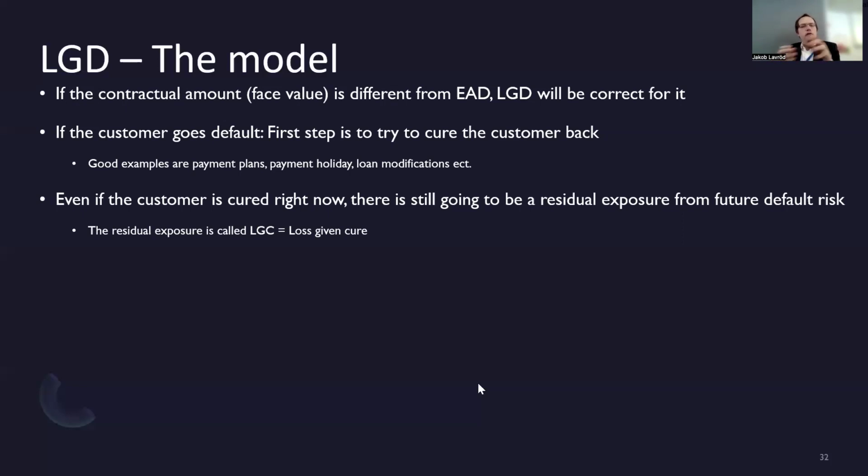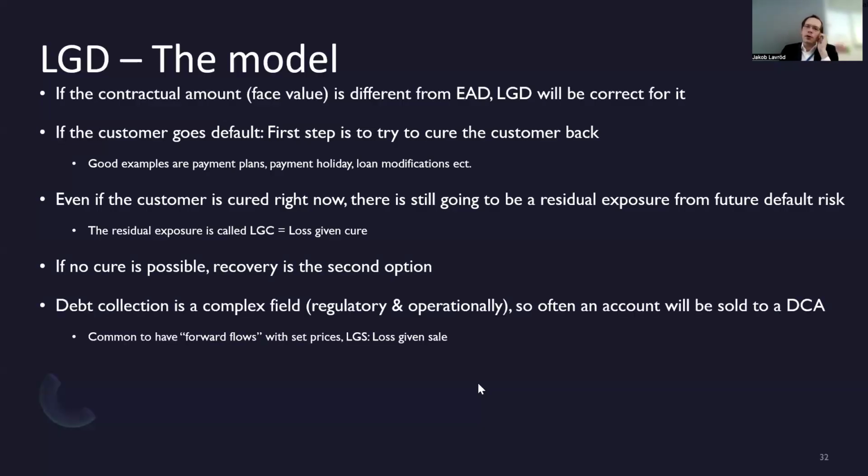This is a customer that might default again, so we often call that number loss given cure. So you still need to basically take again in the future the sort of multiple default effect. This is where that comes in. So multiple defaults don't come in the PD model. The PD model only deals with the first default, and then debt collection.